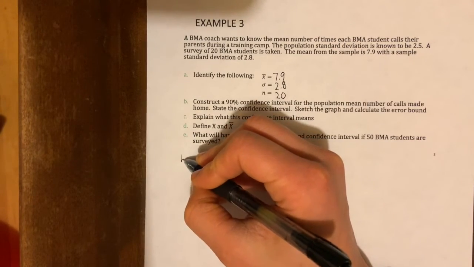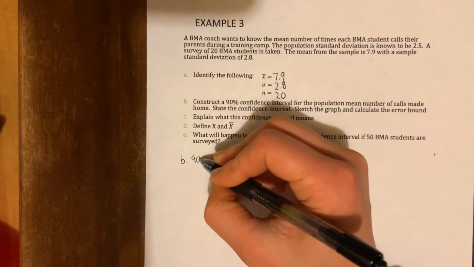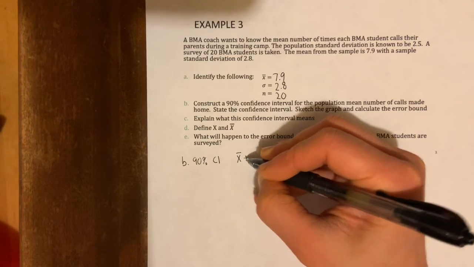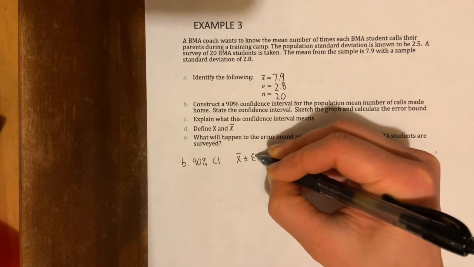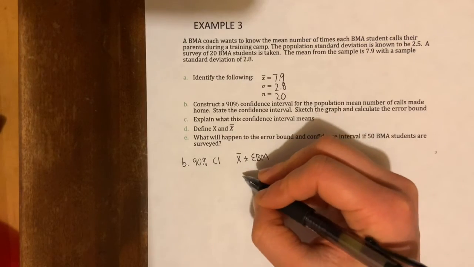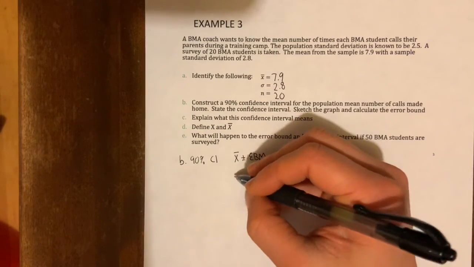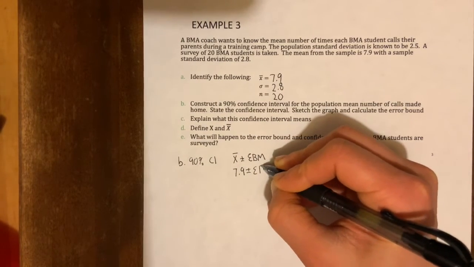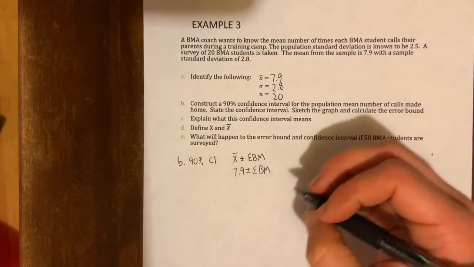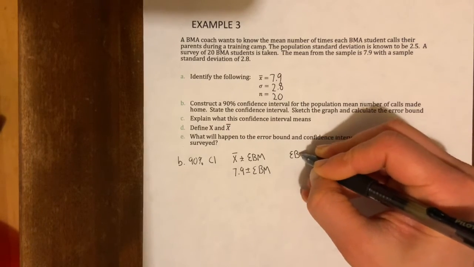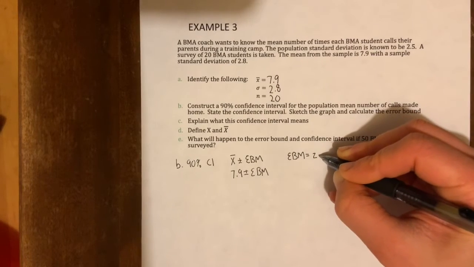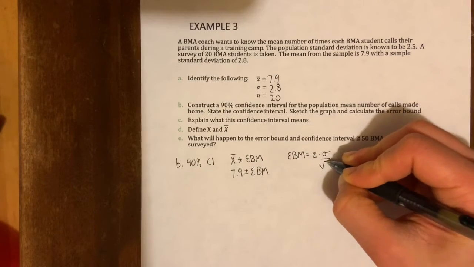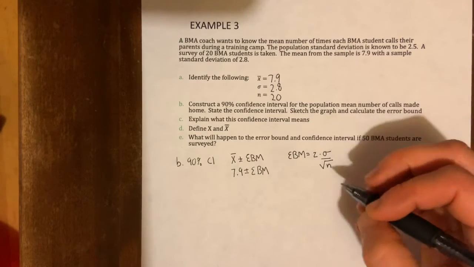So if we want to, in B, construct a 90% confidence interval, that would be X bar plus or minus the error bound margin. And so we know that 7.9 plus or minus the error bound margin using that sample. The error bound margin, of course, is equal to z times standard deviation divided by square root of n.